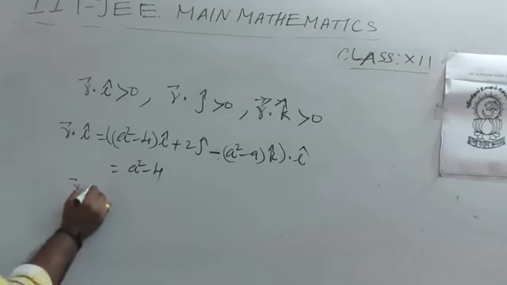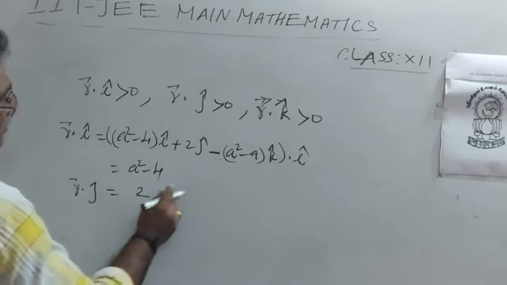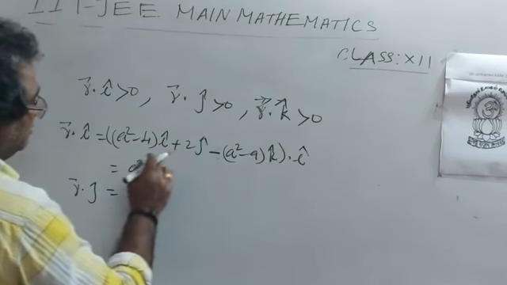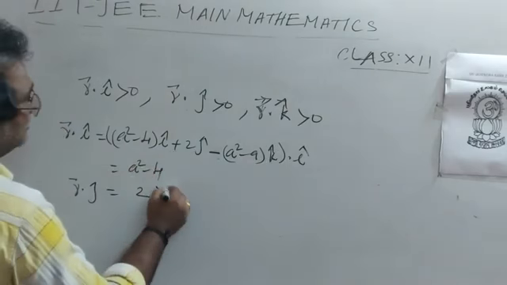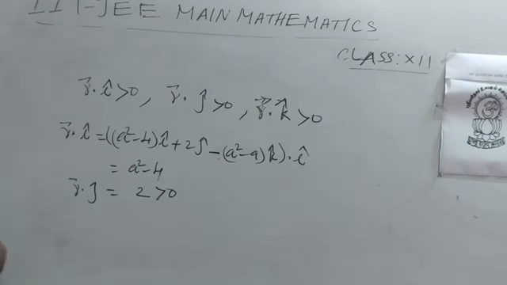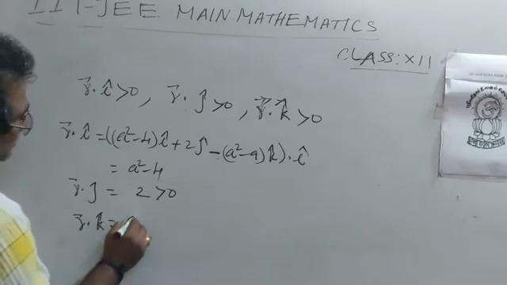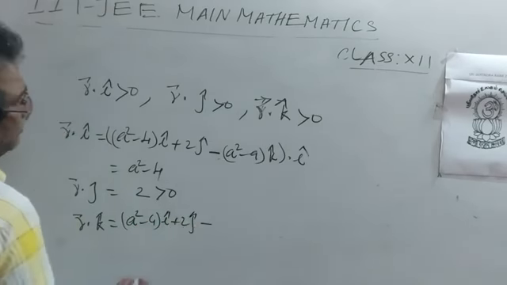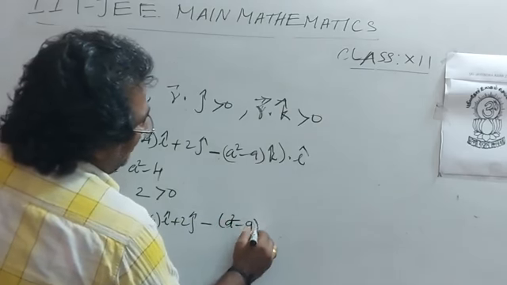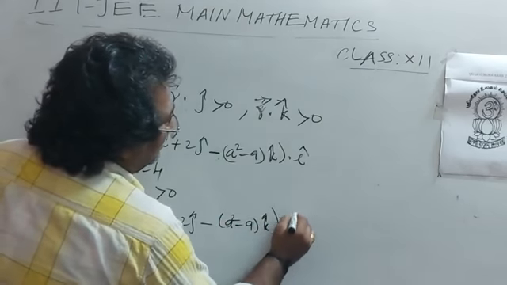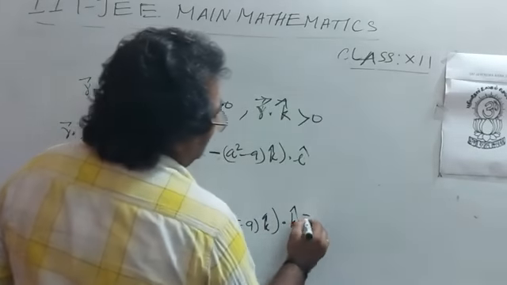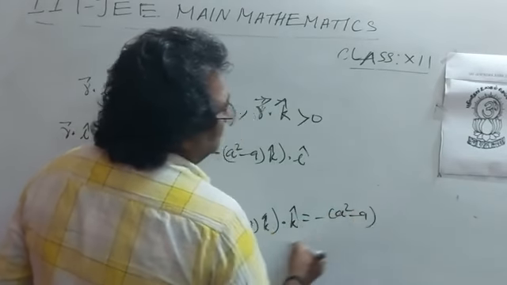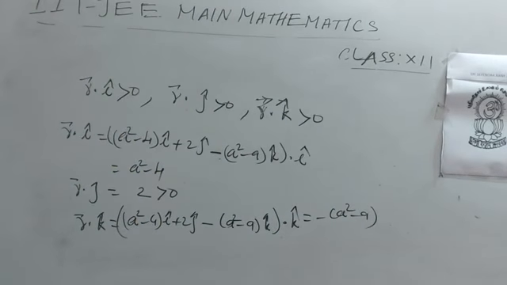So r vector dot j vector, if you operate with j vector, you will get 2, which is greater than 0. And r vector dot k vector, the k dot k vector gives minus of a square minus 9.